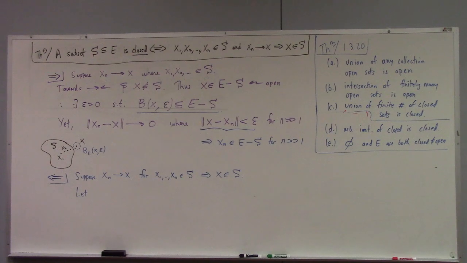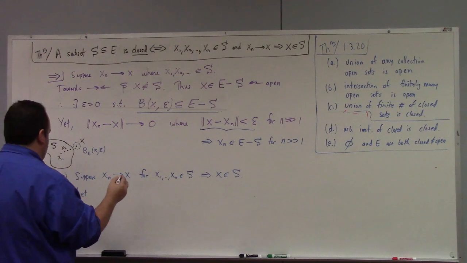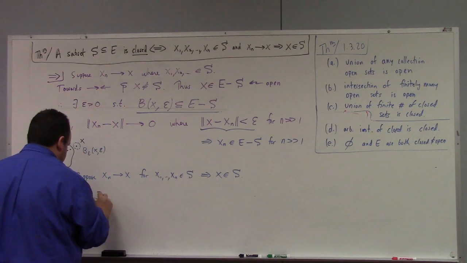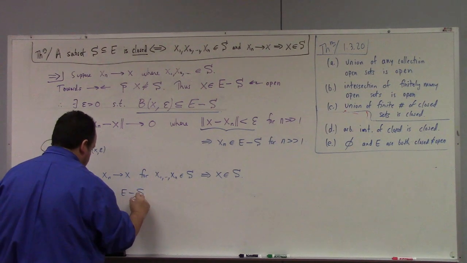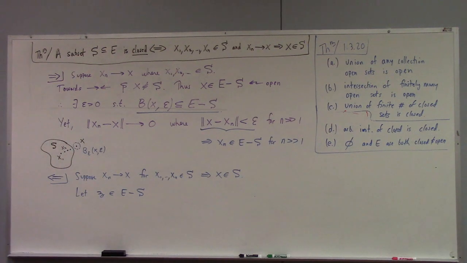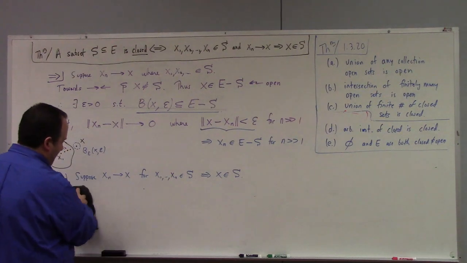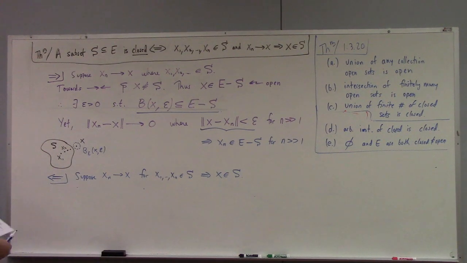To prove it directly, I would try to prove that the complement of S is open, so I would let z be an element of E minus S. And then I'm just kind of stuck. I don't know what to do past that. So let's not go down that path, because the direct path here is not helping me.